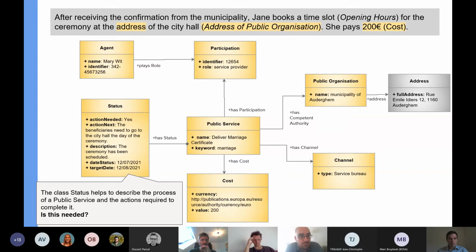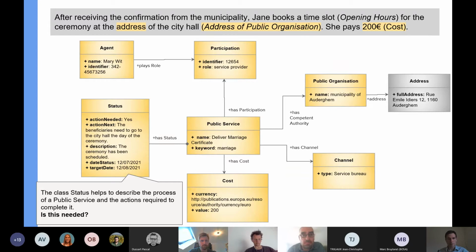So how would you capture that? By adding a property, an attribute within the public service class, like status of the public service? For me, yes, we should have a status in the public service, but really the status of the public service, not this status, which is another notion for me. Yeah, indeed. Do the others agree with that?